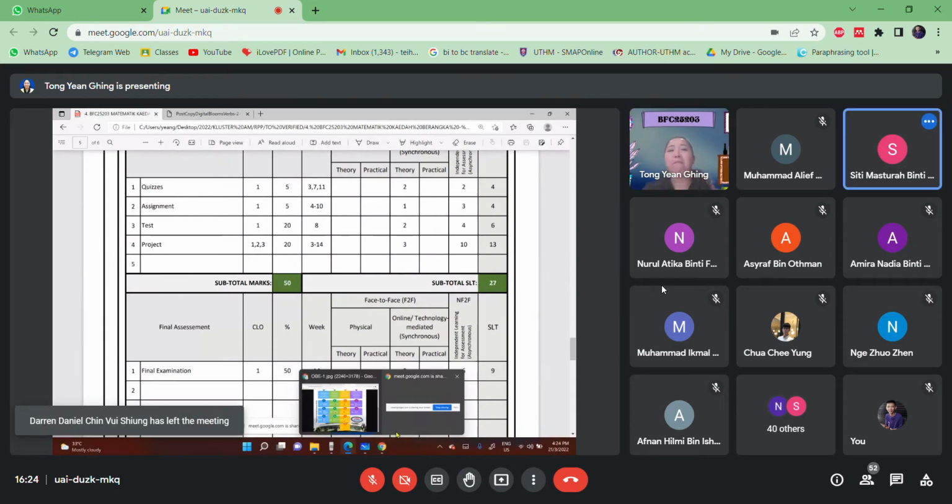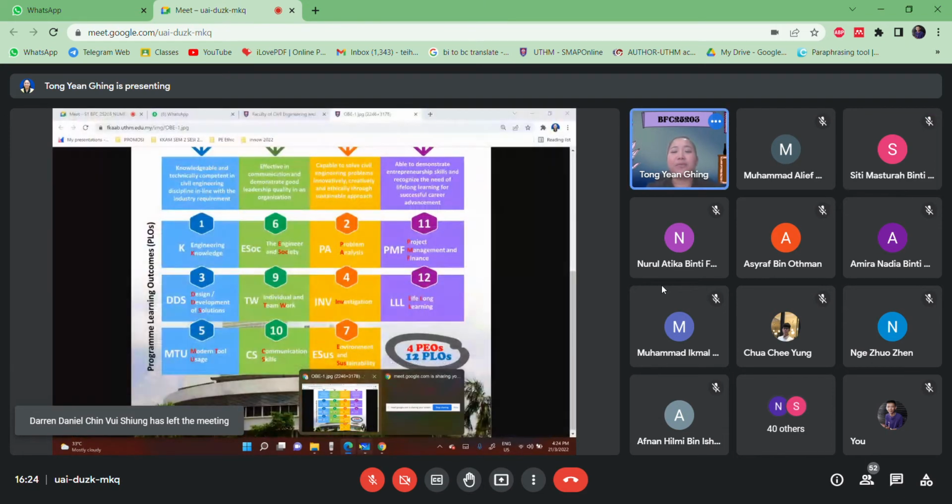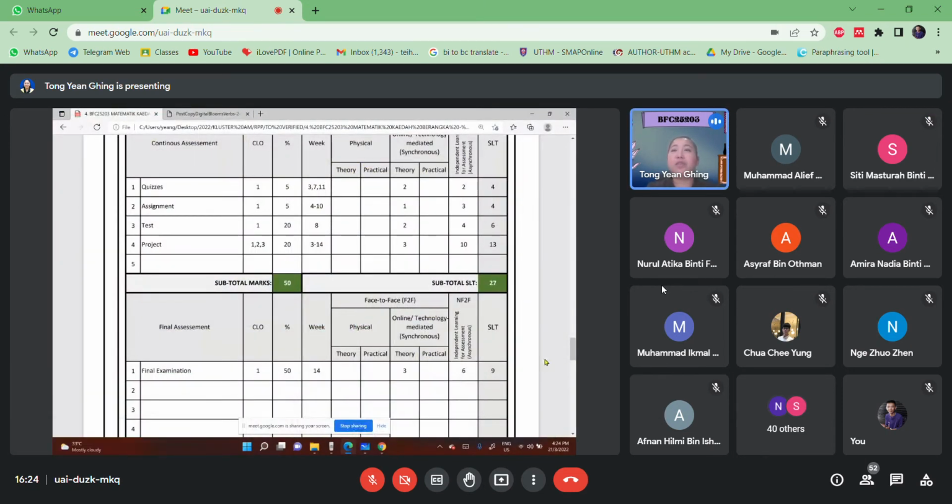Discussion. Group, okay. I will think about it. What to do for the assignment, maybe I will decide later on. And then the test will be in week 8.